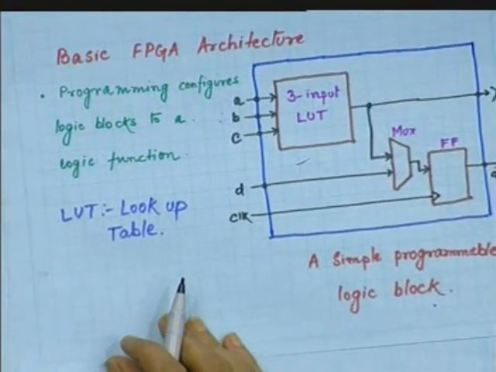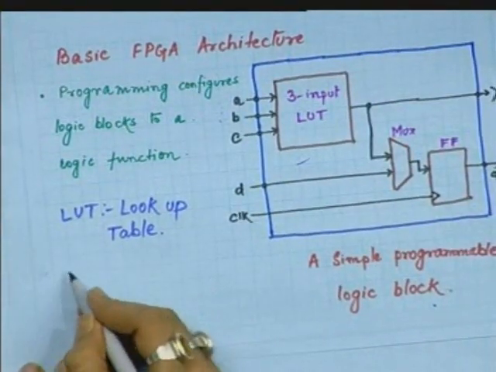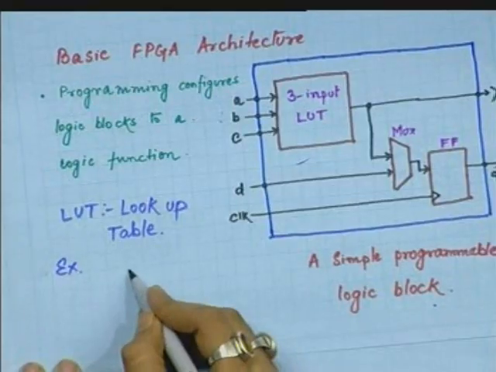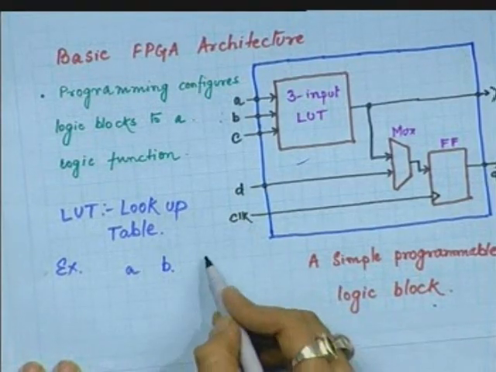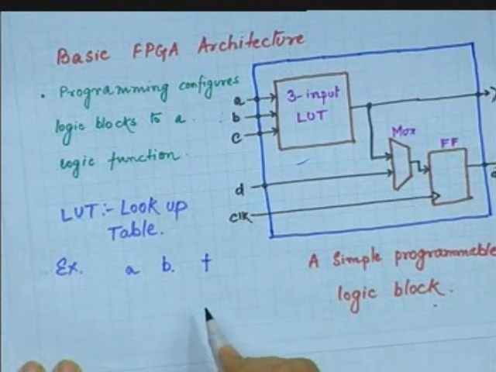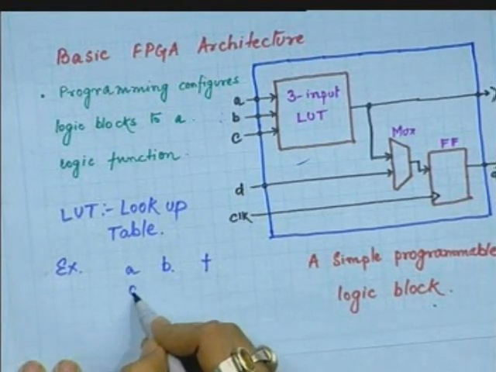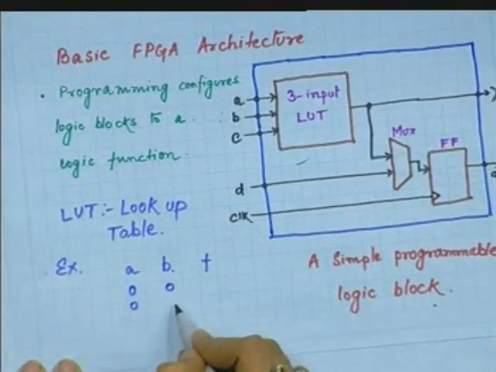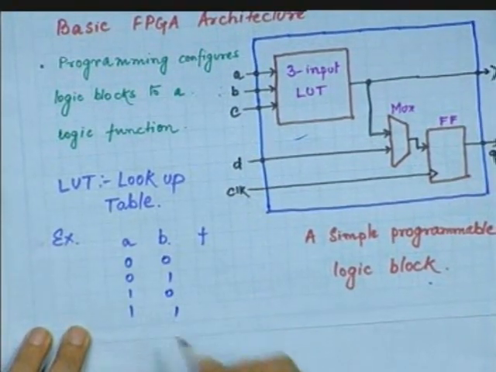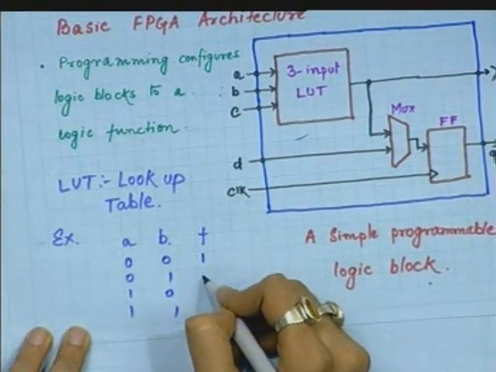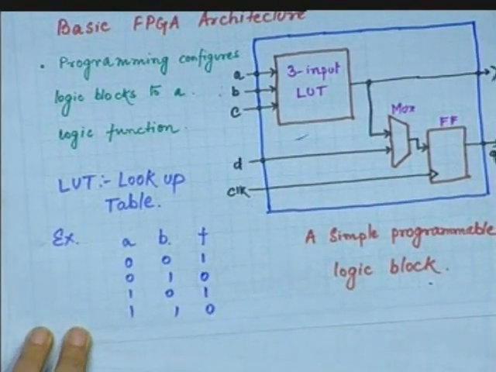Suppose we use a 2-input lookup table, for example. Suppose there are two variables a and b, and corresponding to them there is a function. Now, what are the possible combinations that can appear is this. Suppose the function corresponding to them is this.